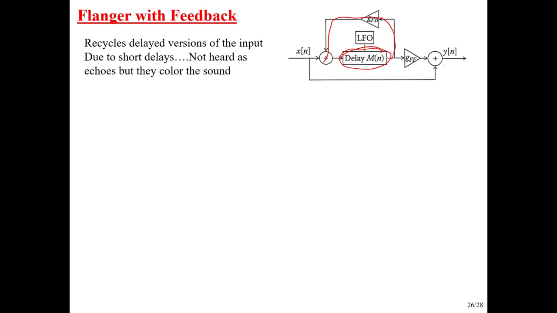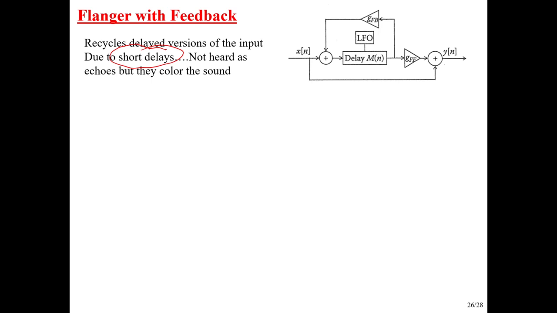Because remember, if we get rid of this down here, we've basically got the echo. And then, this gives us the original, and this would just give us echoes over and over again. We just didn't have the LFO in that. But here, for flangers, as we'll see in just a minute, the delays are pretty short. So we don't experience these as echoes.